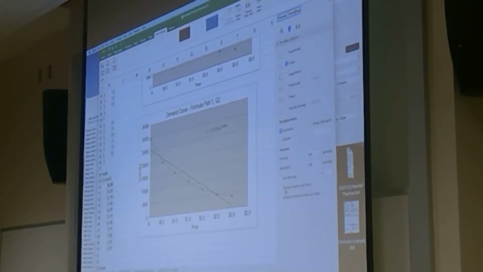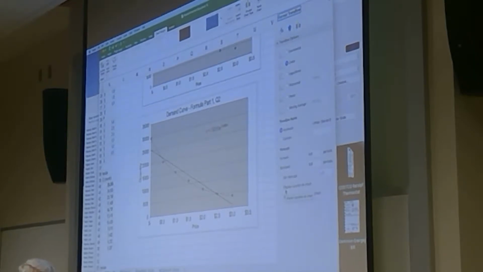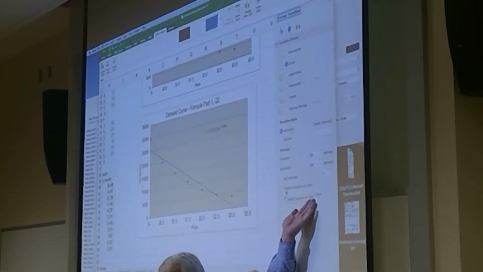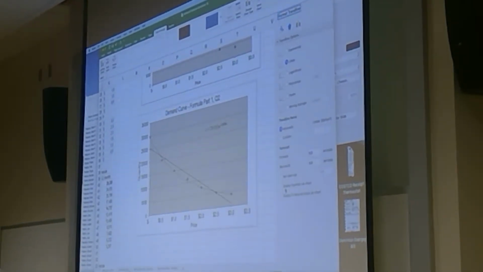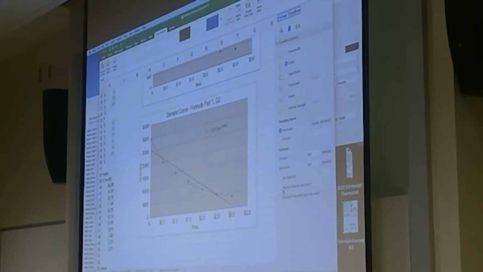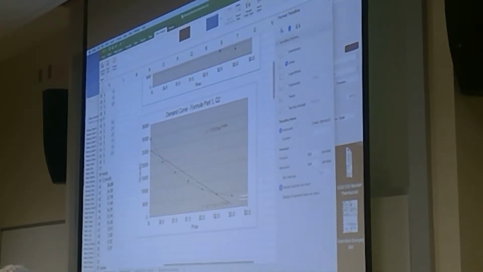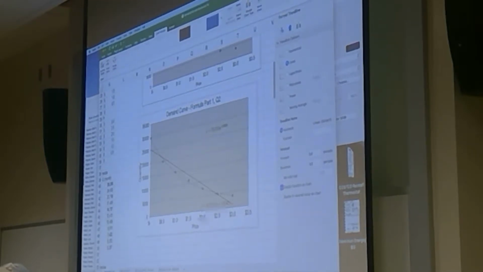This says display equation on chart. Are your eyes still young enough that you can read that? That says display equation on chart. Watch what happens when I click that. Okay, it puts this equation right here. That's the formula for this straight line. Okay, and that's what you do.